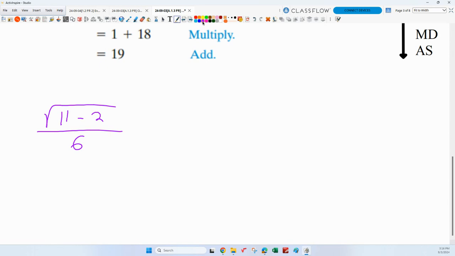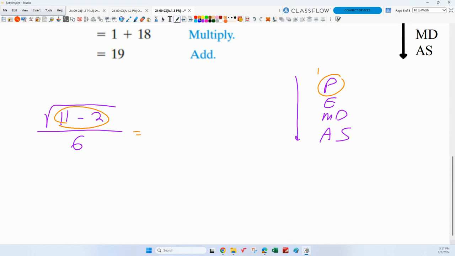Okay, yeah, I got to do the stuff inside the square root. So in PEMDAS, technically, what's the first thing I run into? Grouping symbols. Because if I have stuff grouped together inside a function, I have to simplify that first. So the first thing we would do here is P, and that would mean we're going to turn 11 minus 2 into a 9. So technically, that's a P level step. Everybody get that? A grouping level step.